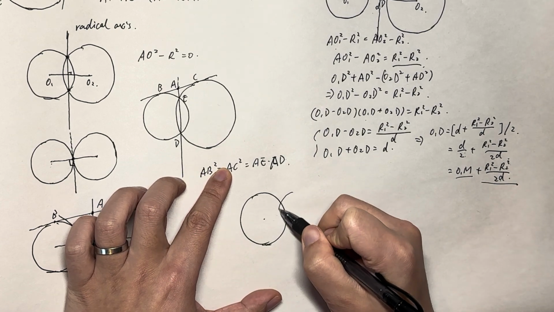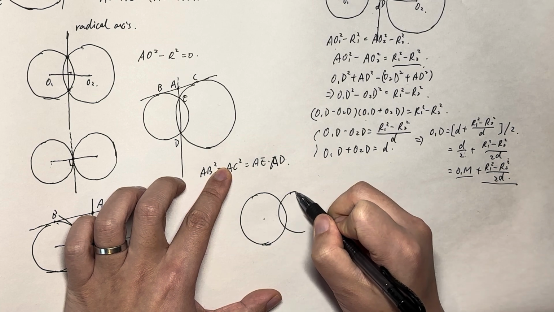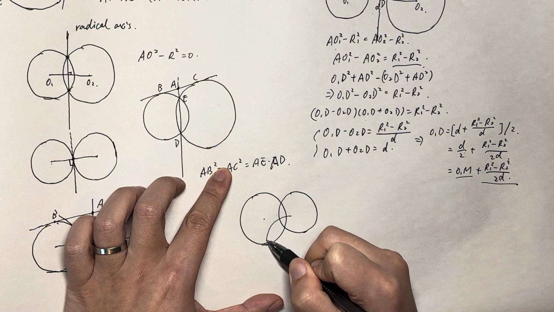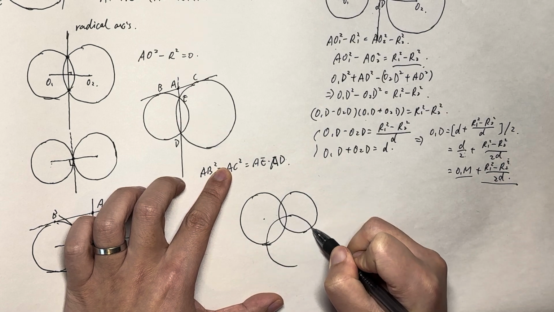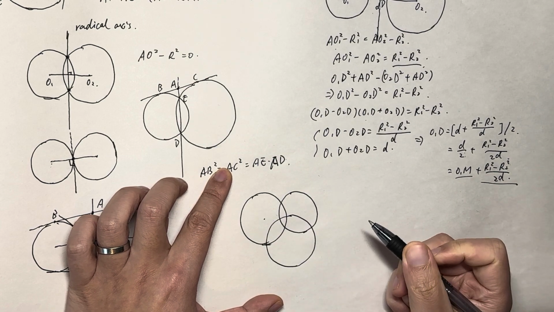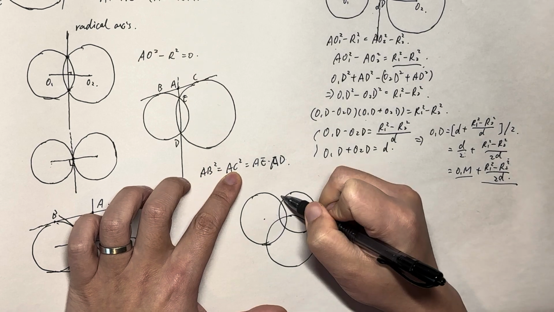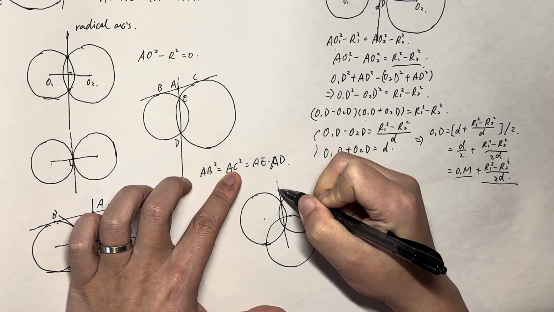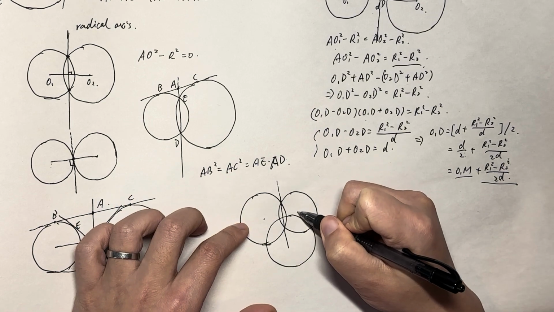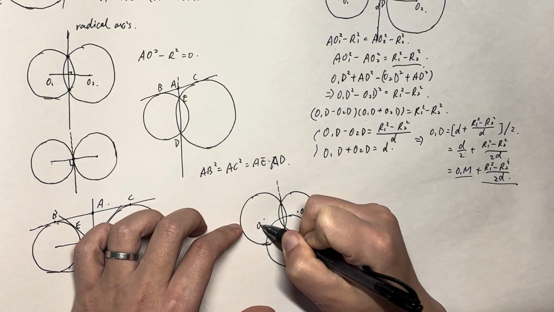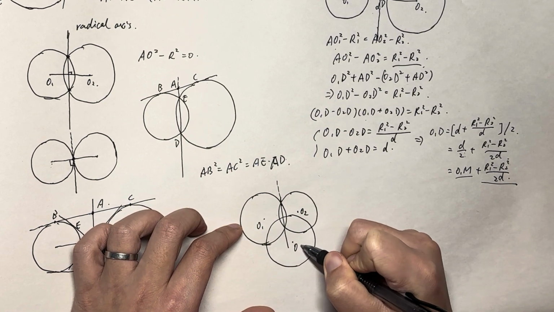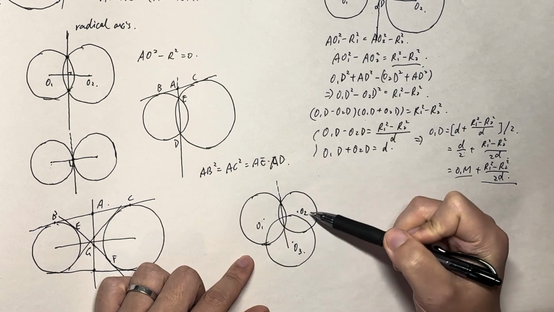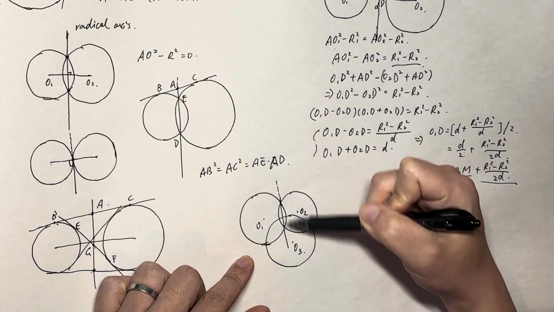It doesn't matter whether they're intersecting each other or separate. I just draw it in the intersection way because it would be easier to find the radical axis, right? So for O2, O1, and O3, right? So for O1, O2, this is this line.